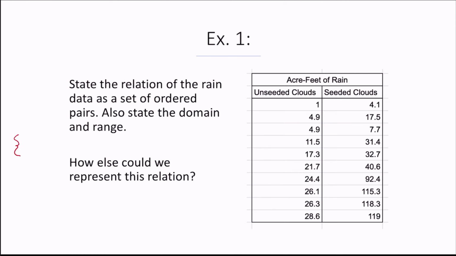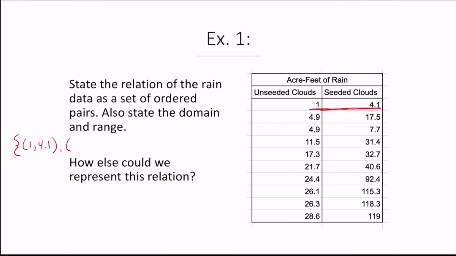Usually when we're talking about a set, we use curly brackets to denote sets. And within this set, we're going to have ordered pairs, which use parentheses. So the first ordered pair within this set is this first pair of unseeded and seeded clouds.